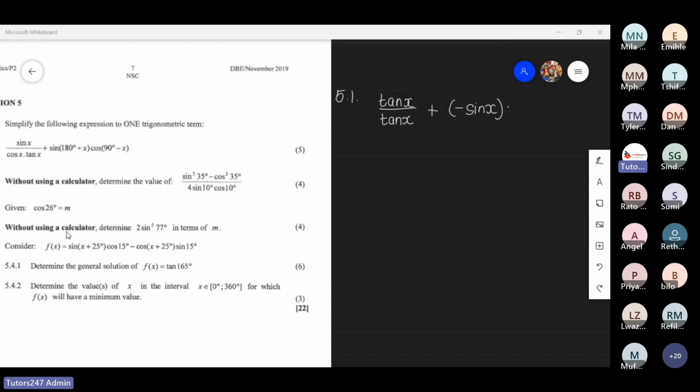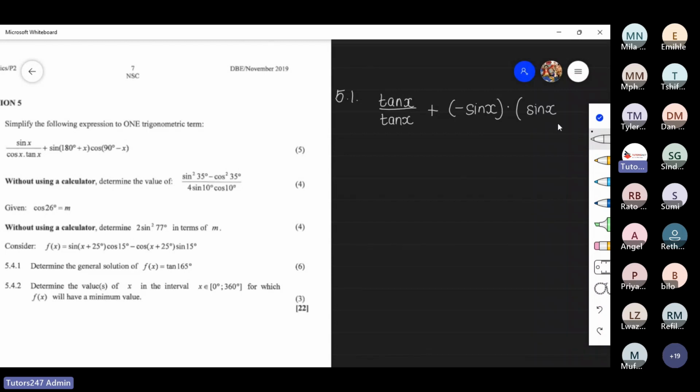So from here, we need to identify what does cos of 90 minus x become. Because that is a co-function or co-ratio, the cos is going to become a sine, and a sine would become cos. So automatically you can just put in your sine.